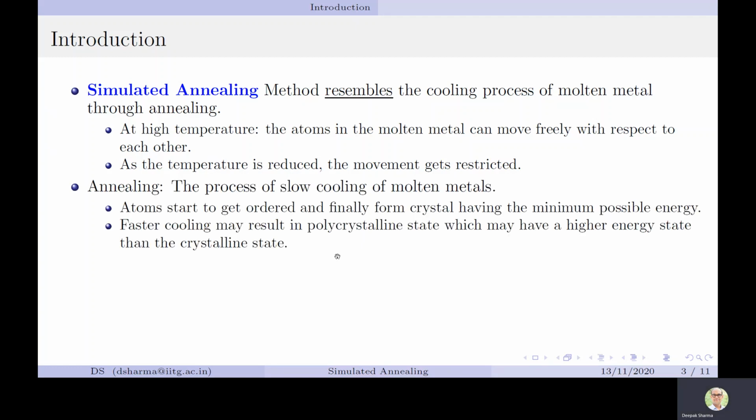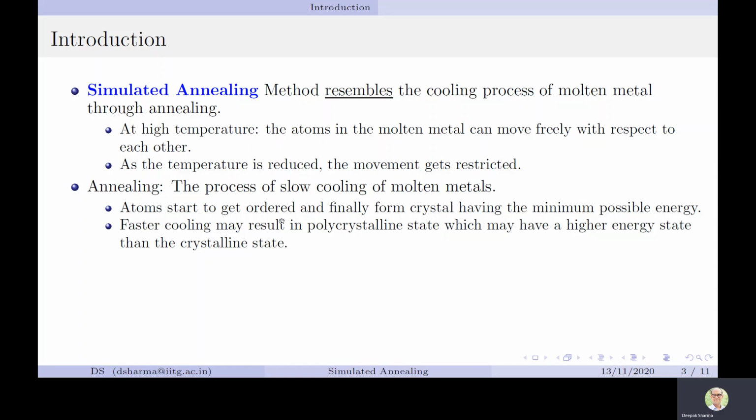Annealing is the process of slow cooling of molten metal. In this process, atoms start to get ordered and finally form crystals having the minimum possible energy. We remember the internal energy of the solid after solidifying the metal.